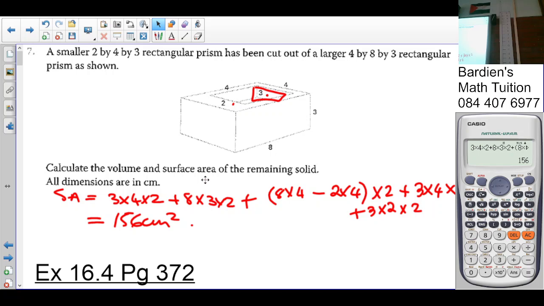What's the answer they have? 164. They got 164. Who got 164? The answer they have. Who got 156?